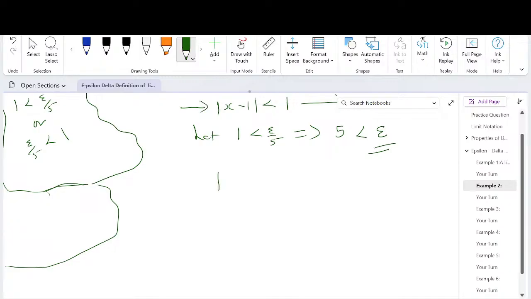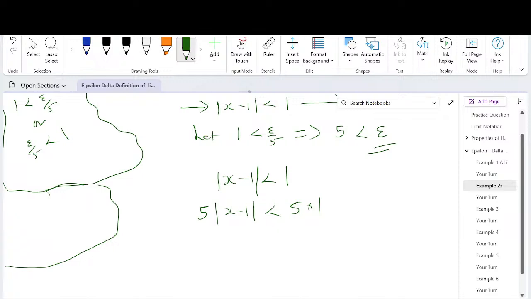So if you say the absolute value of x minus 1 is less than 1, what does it mean? It means 5 times the absolute value of x minus 1 is less than what? 5 times 1. I think it's better to use this here.